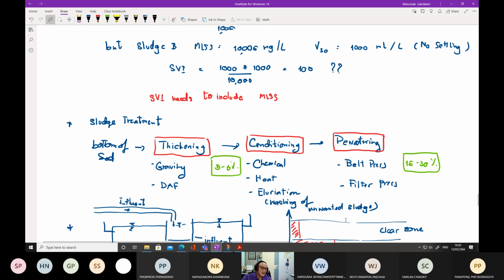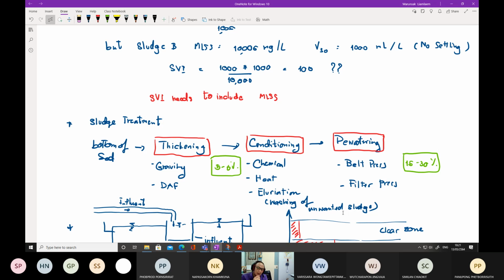So unwanted sludge is washed out, only the sludge remains. So it is basically just a cleaning process. This process we call in particular elutriation, probably the technical term referring to the process of sludge washing. So this can also be considered a part of sludge conditioning. And then at the end is the sludge dewatering.